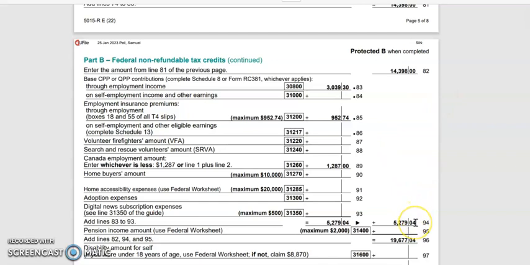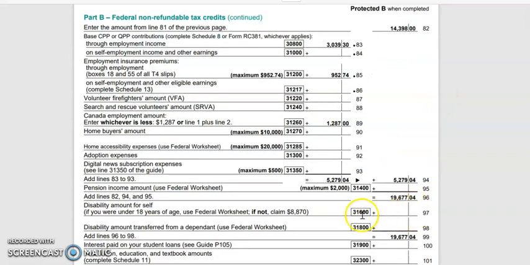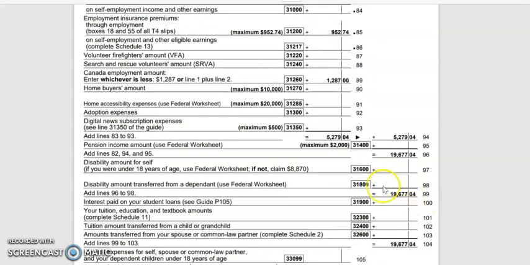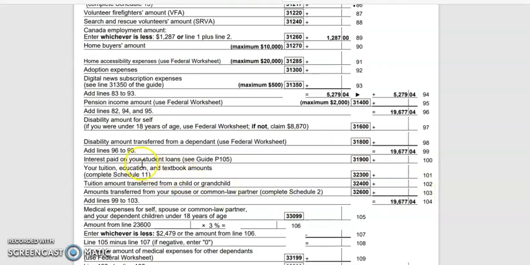That added with the 5,279.04 gives us 19,677.04. We don't have a disability amount. We don't have a disability amount transferred from a dependent. So the 19,677.04 gets carried down. Here, if you had interest paid on your student loans, we'd put in the amount.